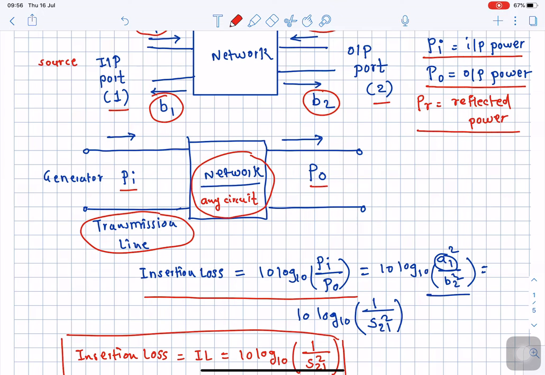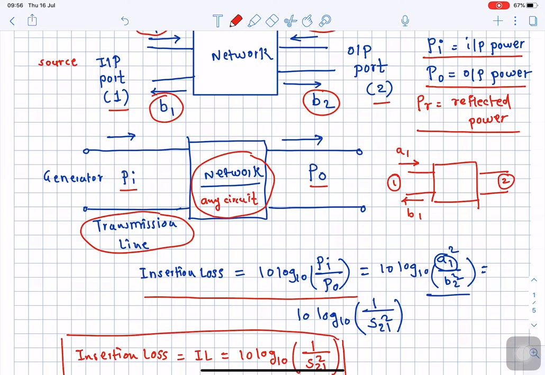Now if we substitute the power in terms of wave representation, okay, the input power, what is the input power? Say I will draw over here a two-port network. This is your input port and this is your output port. Here we have A1 as an incident wave and B1 as a reflected wave, right? Similarly, this is at port number 1.